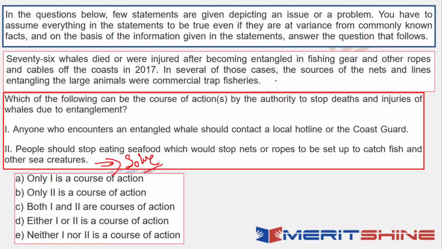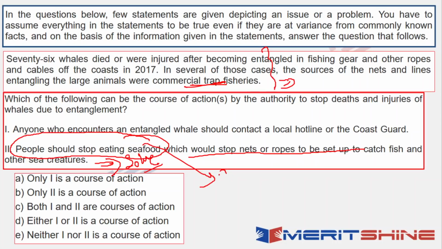But when we have a very specific problem of commercial trap fisheries trapping whales by mistake, this is too general an action to be taken. Secondly, this is also infringing on the freedom of other people's food habits.